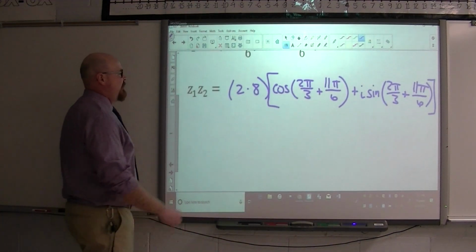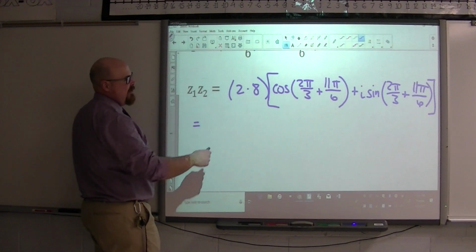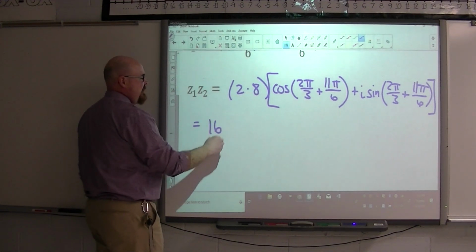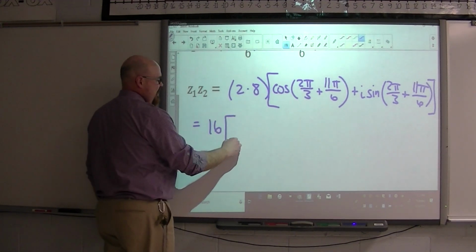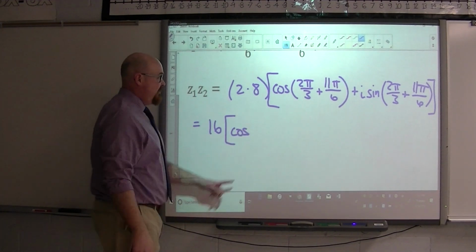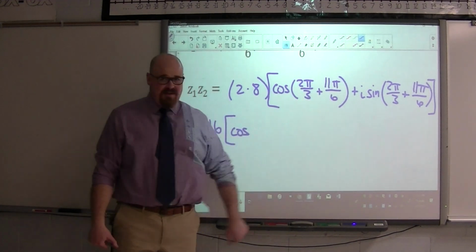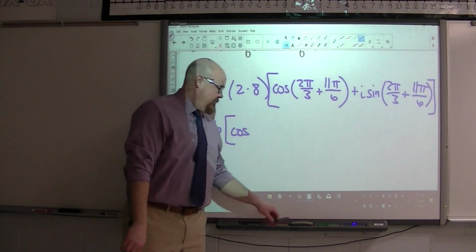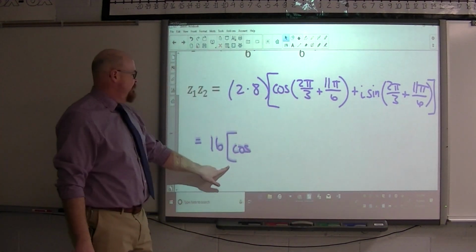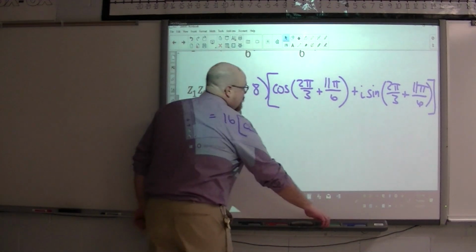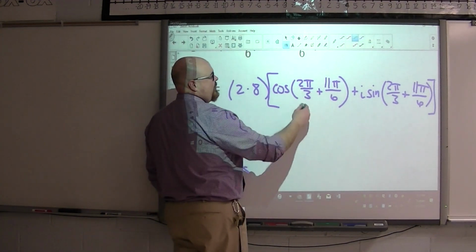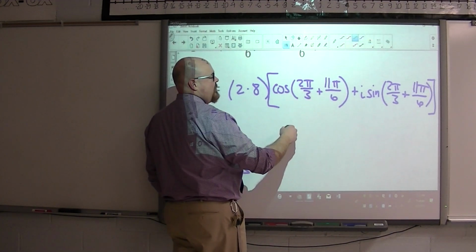So if we clean this up a little bit, I'm going to jump over so that I give myself some space. 2 times 8 is 16. Now in here, I've got the cosine of 2 pi over 3 plus 11 pi over 6. If I'm going to add these together, I need a common denominator.